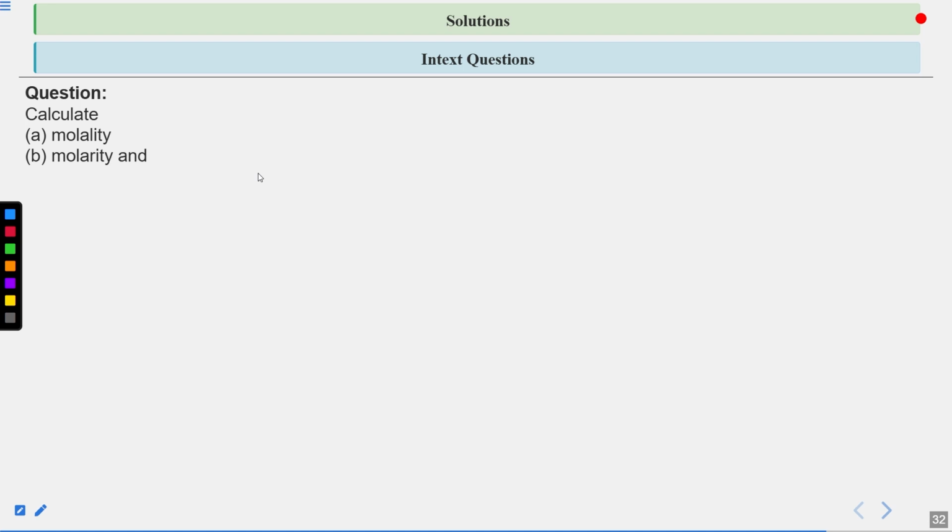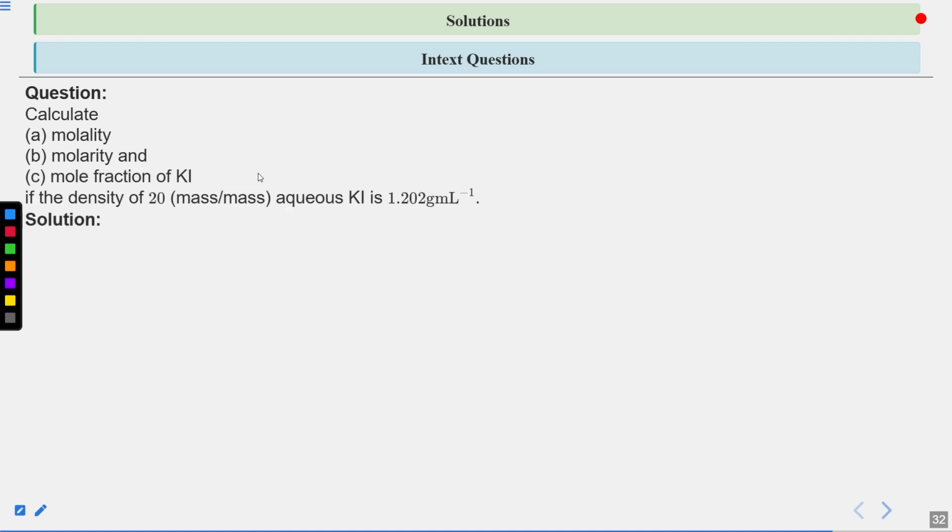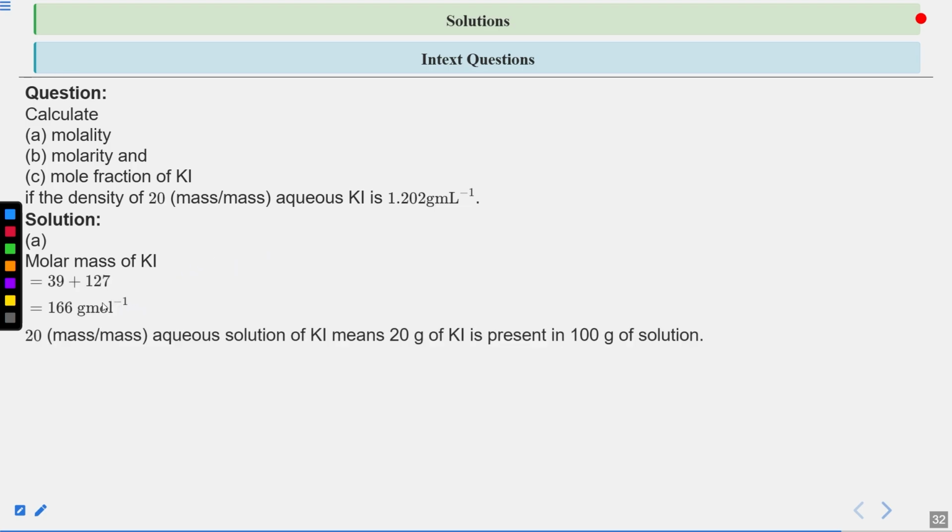First, we will focus on molality. To calculate molality, we have to know the molar mass of KI. So 39 plus 127 will give you 166 gram per mole.